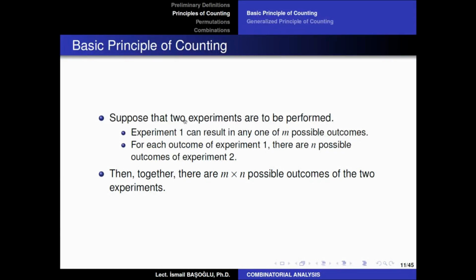Then, if we combine these two experiments, the combined experiment will have m times n possible outcomes. So basically, we are creating a Cartesian product of the sets of outcomes in both experiments, and the combined experiment will have m times n possible outcomes.